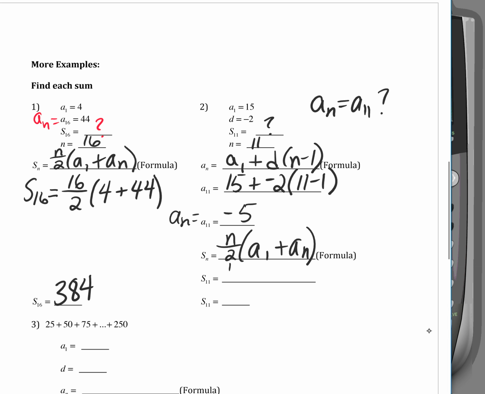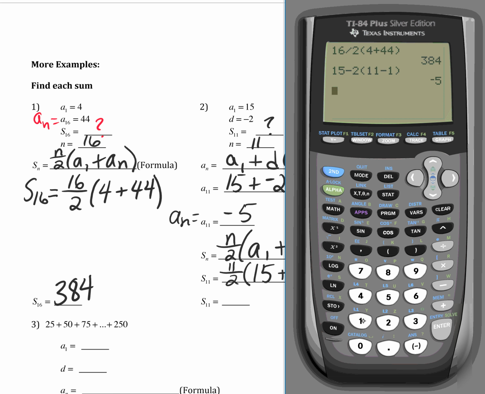We know that N is 11, so 11 over 2. We know A1 is 15, and we know that A11, or our AN, is negative 5 because we just solved for that. So now we, again, can go back to the calculator to find our sum, which is 55.